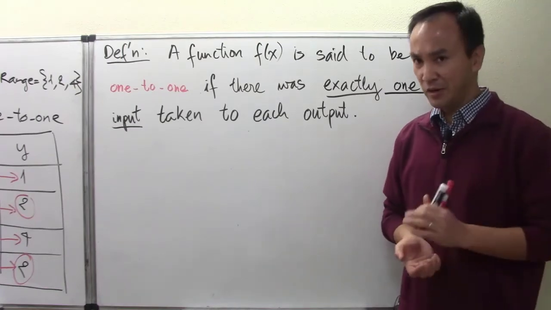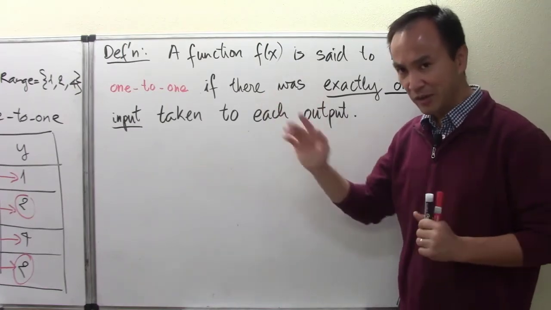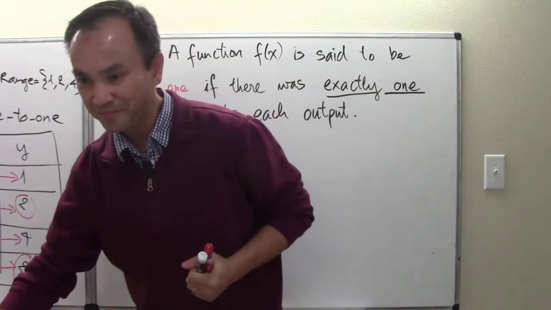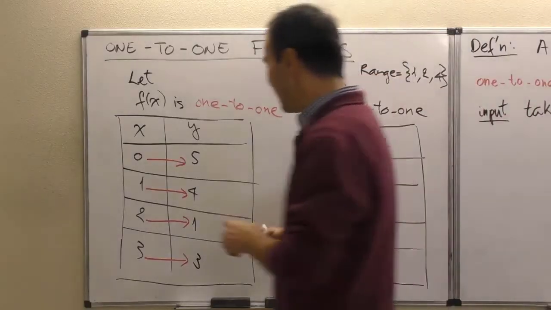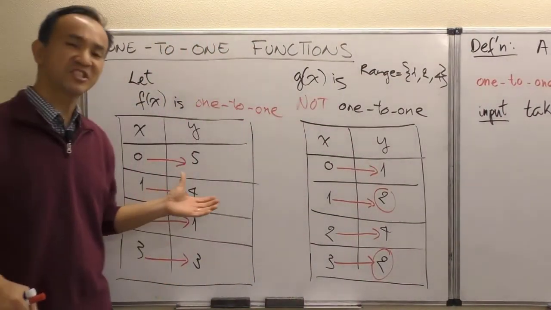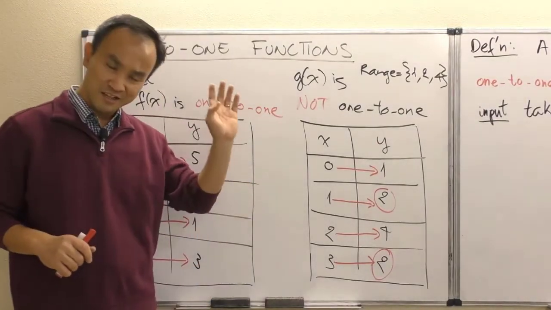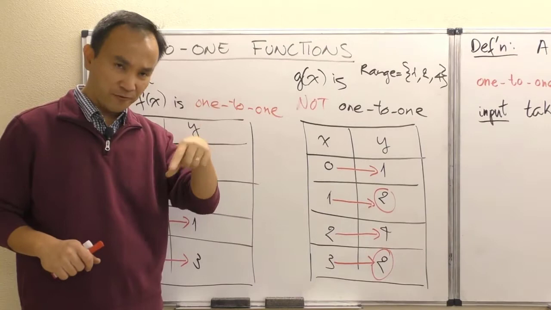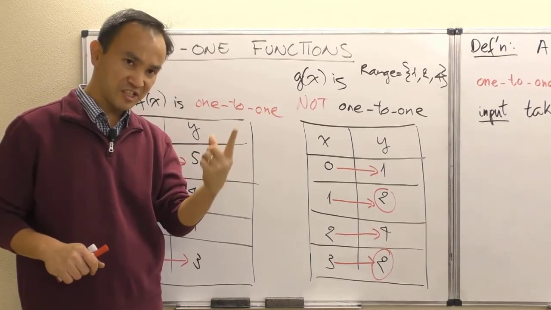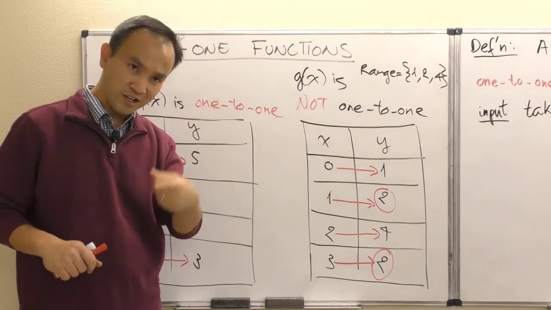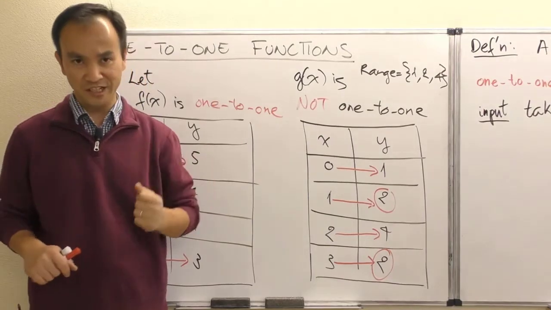In the work I was showing throughout the demonstration example, it's a property where sadly we have to really detect through, because like I said, in the definition, for each output, there was exactly one input taken to it.